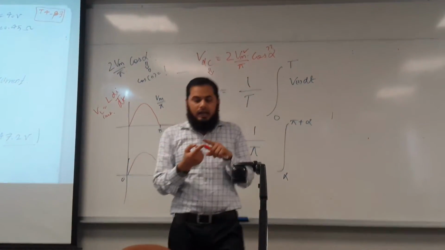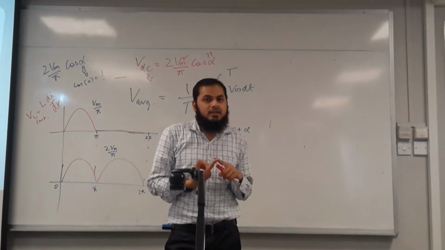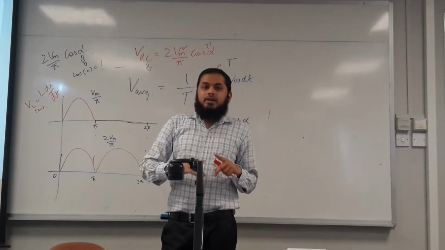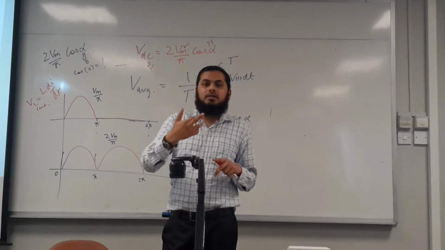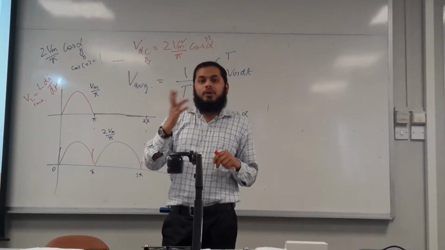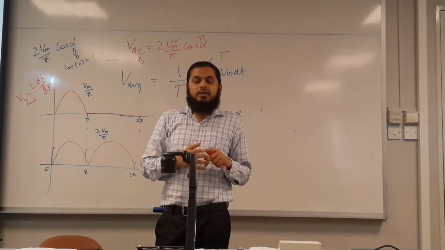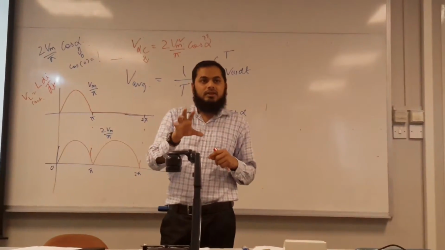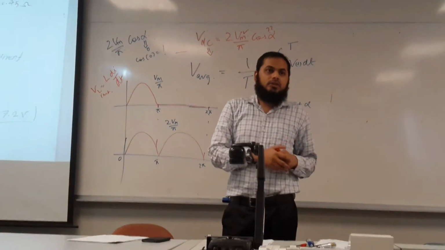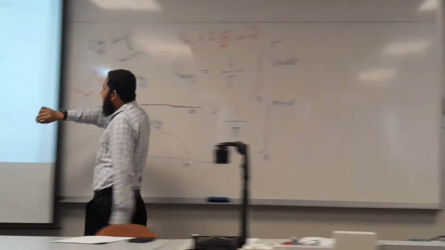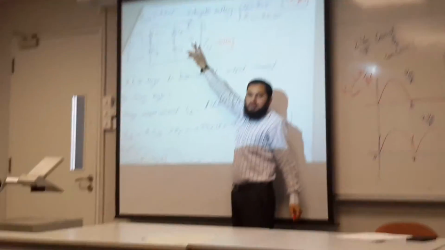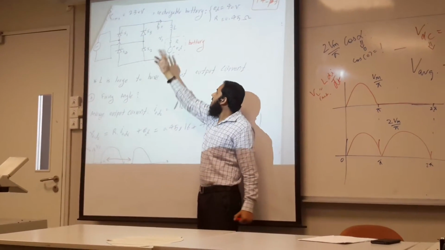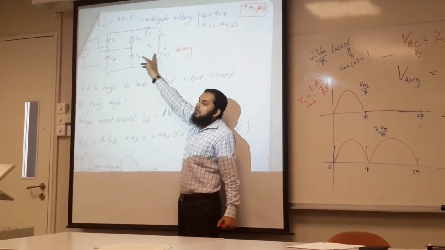These two concepts, average voltage across the inductor and average current across the capacitor being 0, will be very much in use in your tutorials and lectures in the second part, when there are buck converters and buck-boost converters. If you have those converters this semester, this concept will be used then. Since the average voltage will be 0, we don't need to bother about any voltage across the inductor because we are finding the average.